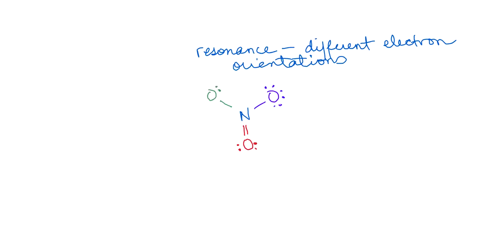What we're interested in is the different ways we can orient our electrons. That means the bonding patterns, right? The bonds. What we're not going to do is move our atoms at all. So how do we do that?